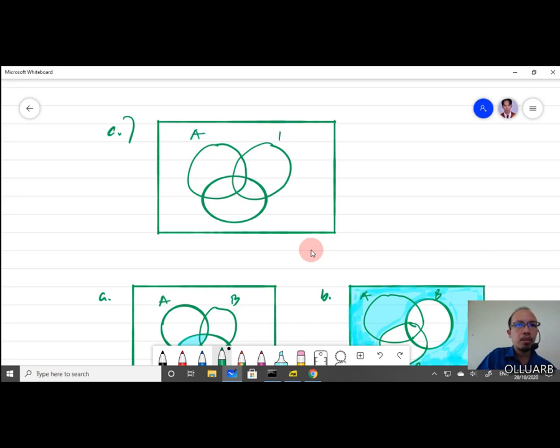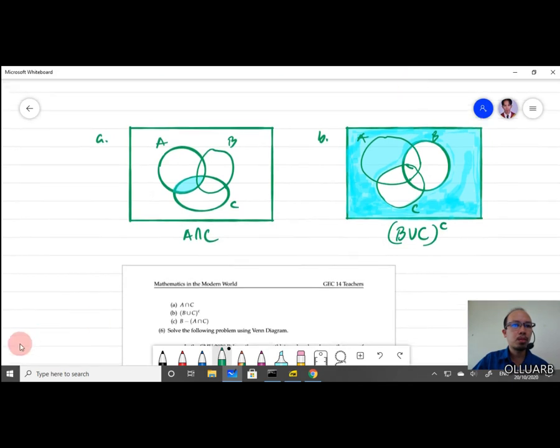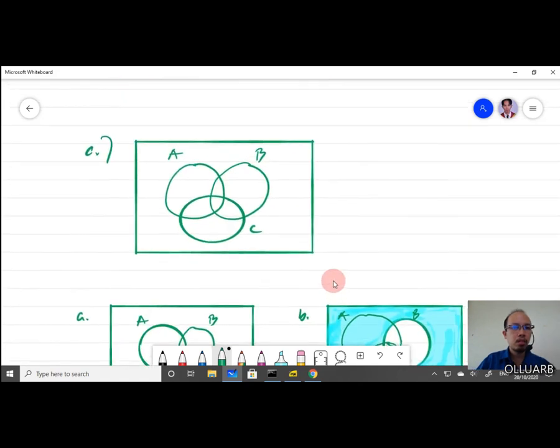So we have A, B, and C. We are asked to get the shaded region of this problem, B minus A intersection C. So first you have to get the intersection of A and C. The intersection of A and C is somewhere here, this region here. And then you have to get the difference. So the answer is this one.